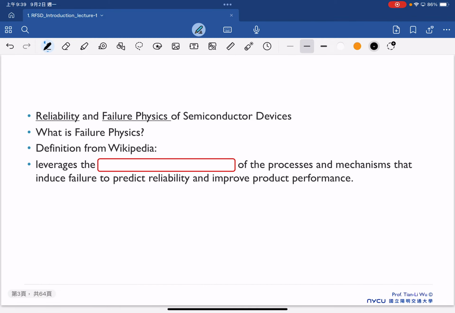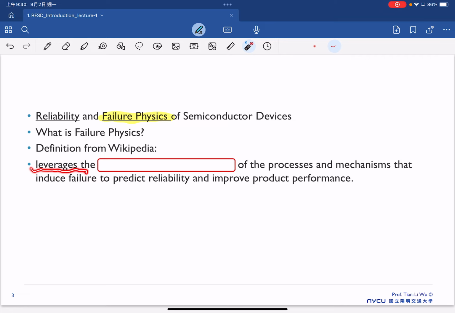Okay, so that's the first definition about reliability. The second part is related to what is value physics. We are still interested in looking at some basic definitions, so we can check Wikipedia to understand what value physics is.